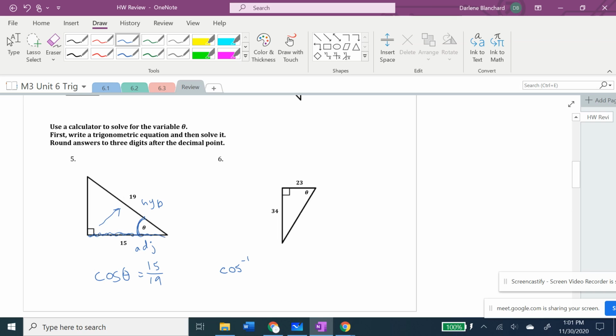But understand this means that it's reversing the direction. You'll go from the answer to cosine to the angle that goes into cosine to create that answer. So using the inverse cosine button, make sure that you have the entire 15 over 19 in parentheses, and let's see what you get.